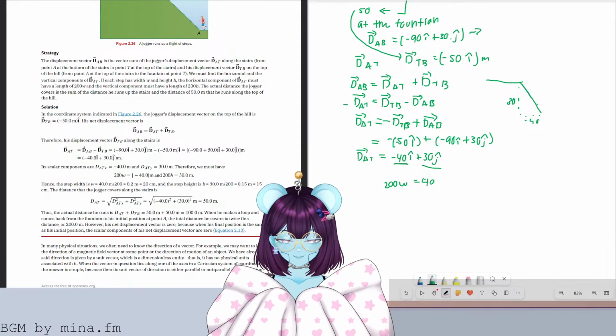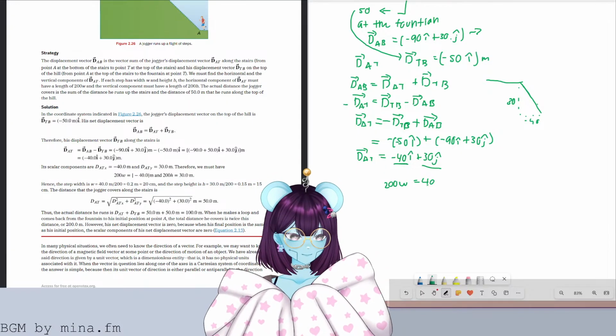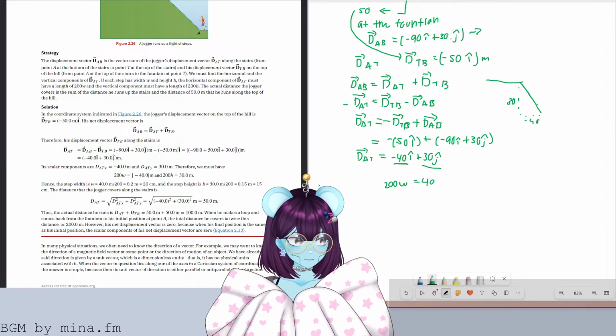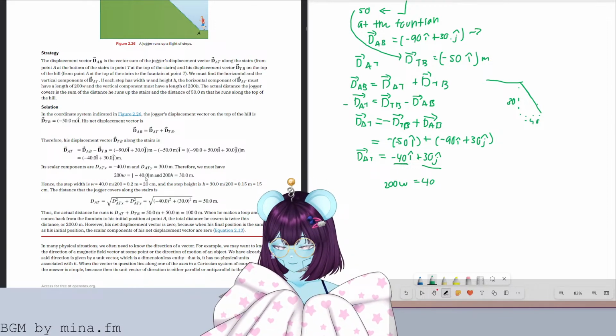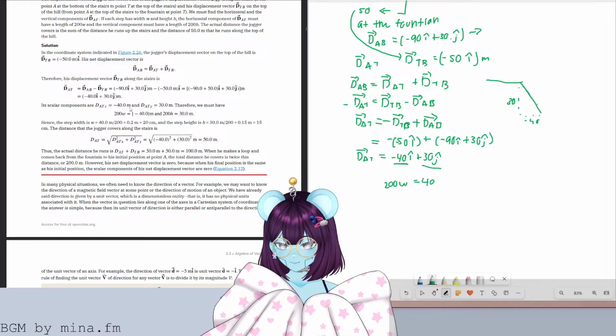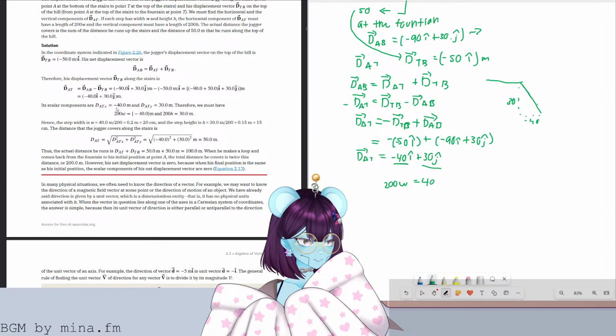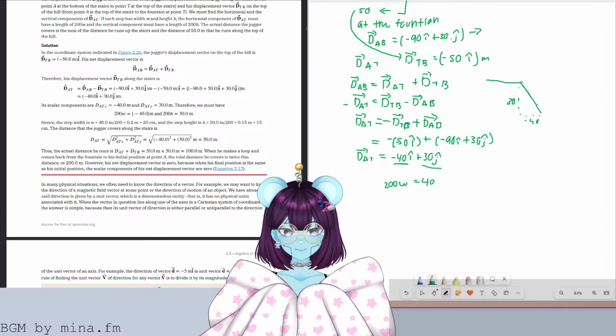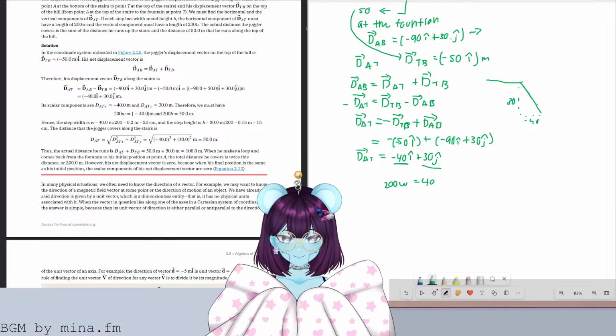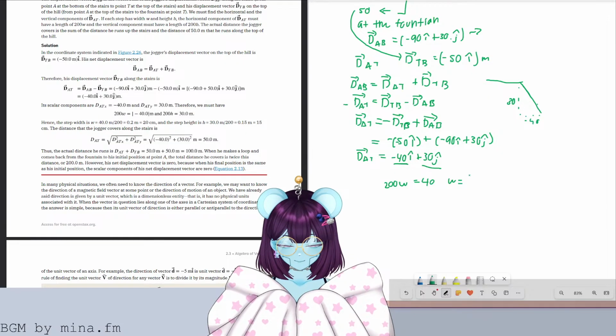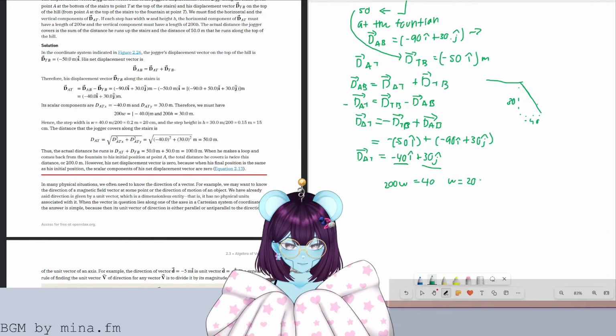You can't have a negative width of the stairs, so what they did was take the absolute value of it and found that our width was 20 centimeters.